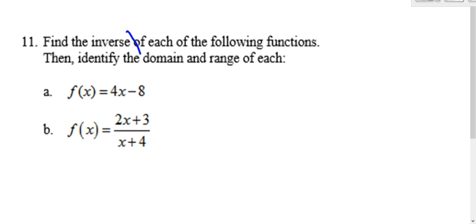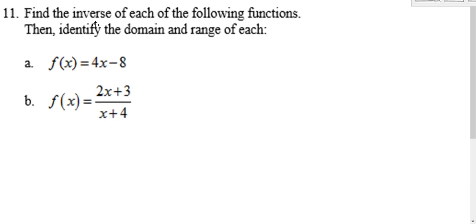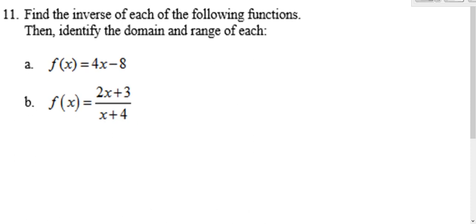Find the inverse of each function. So to find the inverse, you switch x and y and solve for y. So this would turn to x equals 4y minus 8, and we're going to solve for y. So you add the 8 over.